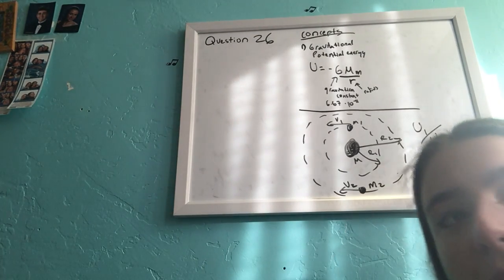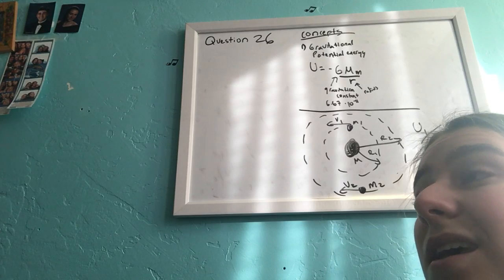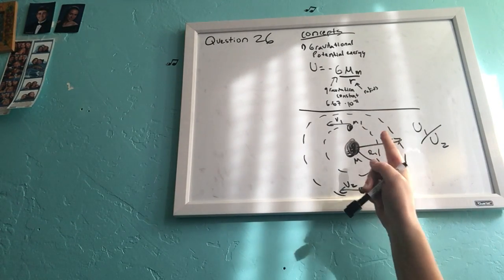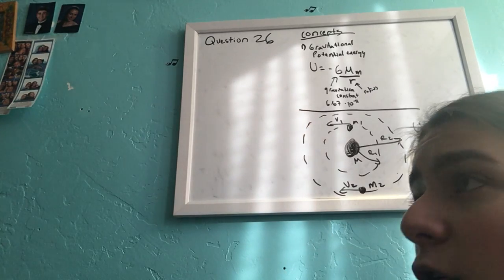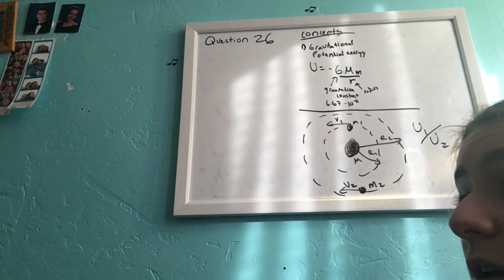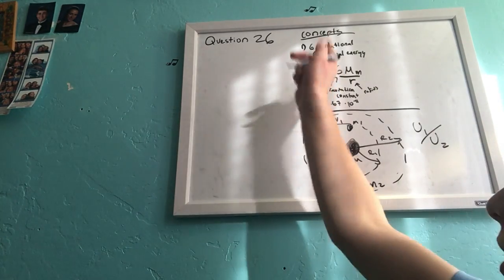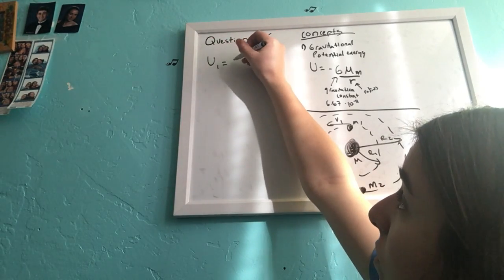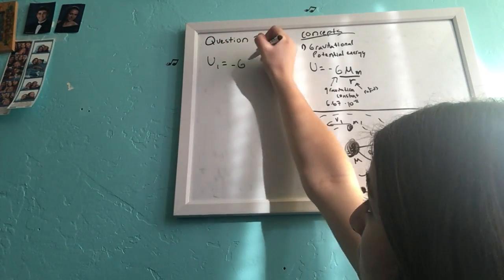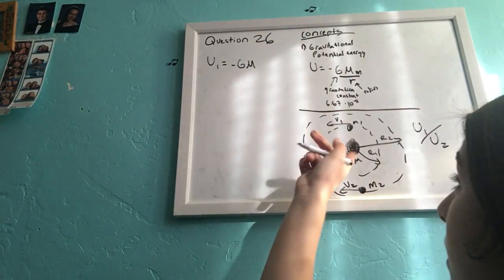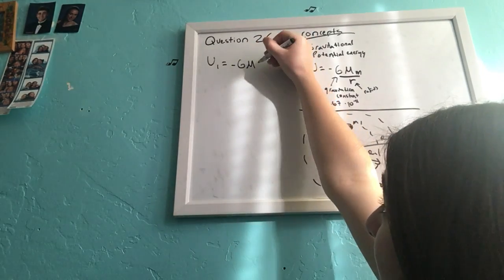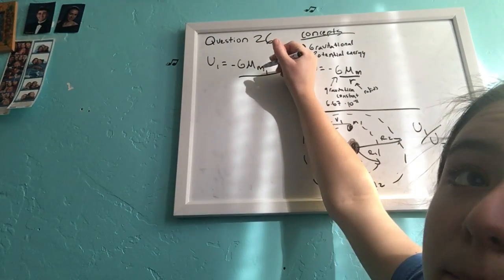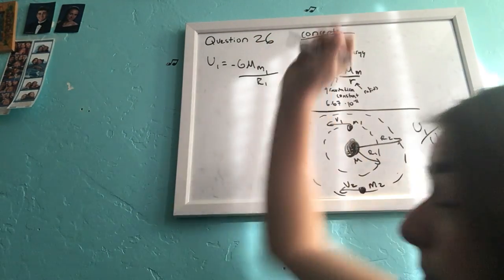So in order to do that, we need to find the potential energy of the inner orbit divided by the potential energy of the outer orbit. So first, for the potential energy of the inner orbit, we're going to use this equation. U1 is equal to negative G M, mass of the planet, M1, which is this, divided by R1.